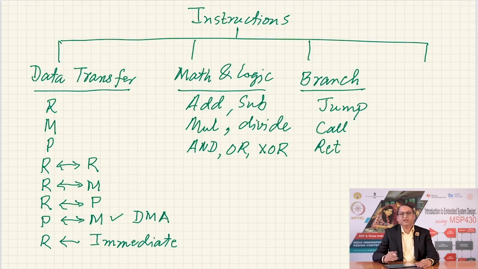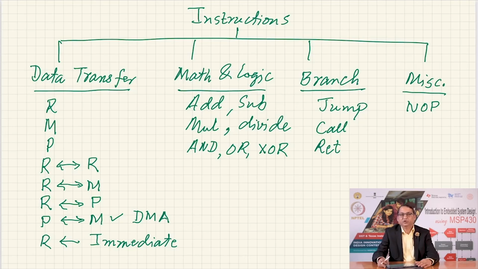Apart from this, any other instruction that you may have would be in this fourth category, and I call them miscellaneous instructions. One very common instruction that is available across all microprocessor platforms is called NOP, that is, no operation. It is usually used to waste time or to spend time. There could also be an instruction to change the operating mode of the processor.